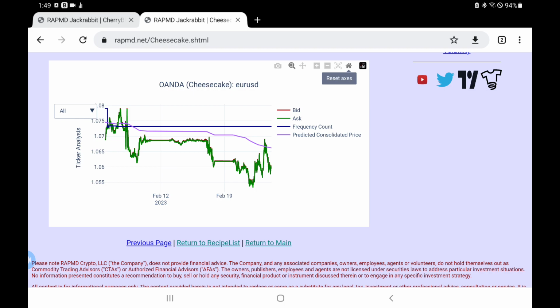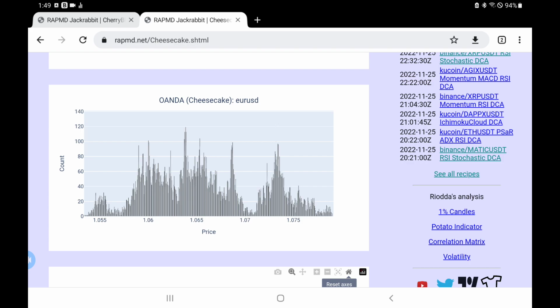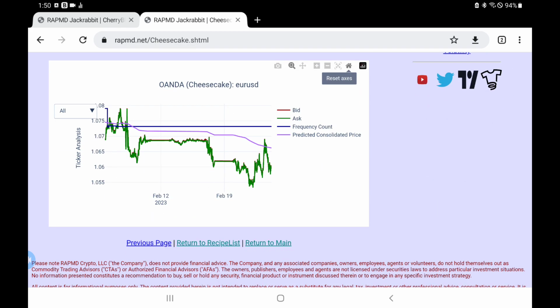The consolidated price is lower than the frequency count, which is important because even though the frequency count shows a very specific value that price retraces to on a regular basis, it's not necessarily the point by which the market believes is the most appropriate value or worth of this currency.